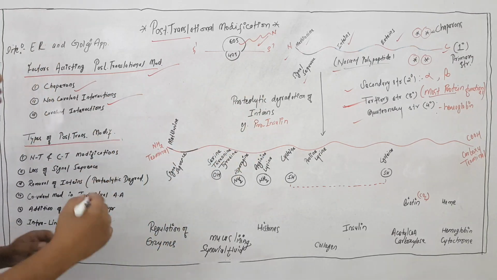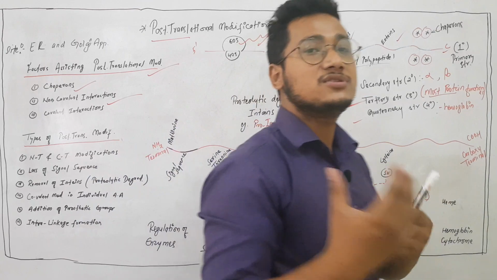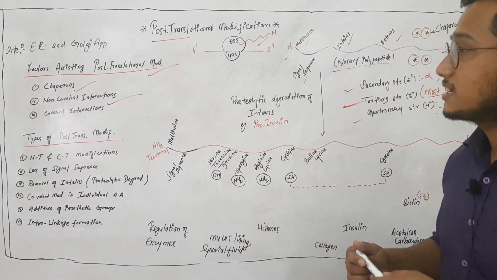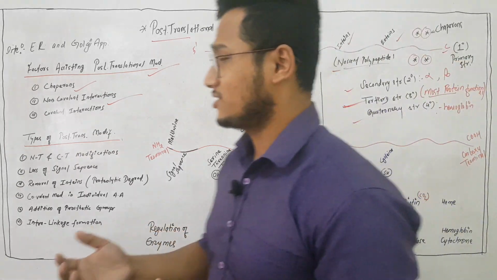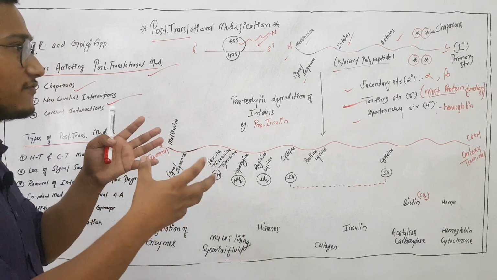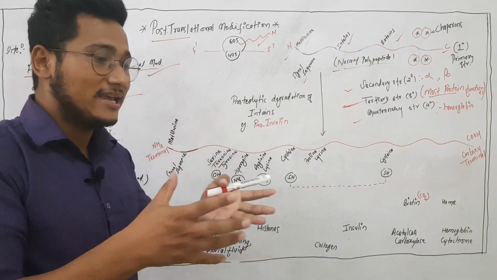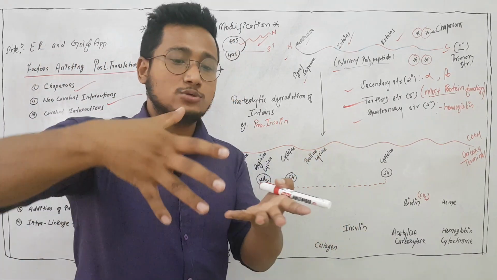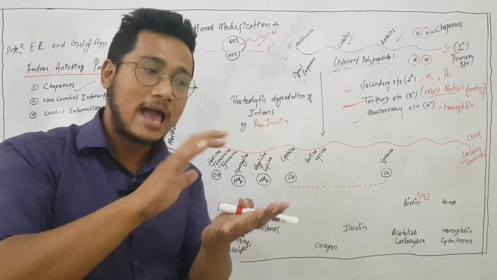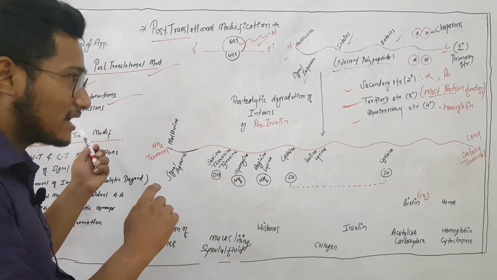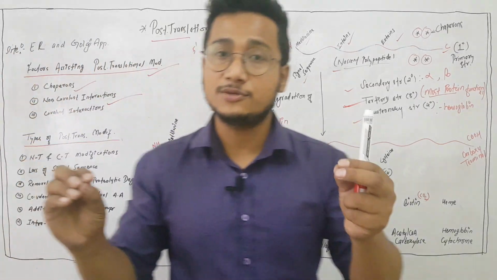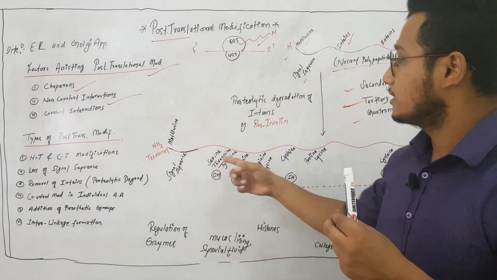Non-covalent interactions. Non-covalent interactions are hydrogen bonding, van der Waals forces of interaction, and ionic forces of attraction. So there are so many, right? And these forces of attraction are very crucial in helping these polypeptides to attain a proper folding. And that folding actually is the result of these interactions because of the amino acid residues present in the polypeptide.